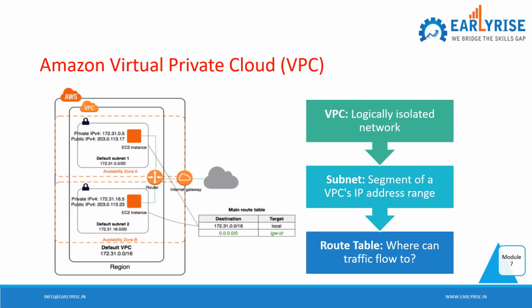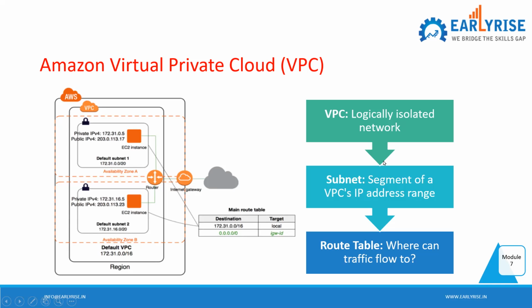Now there will be the concept of a route table. So first you have the VPC, part of it would be subnets, and then there will be route tables. Each subnet must be associated with a route table. There is one main route table here, you see.